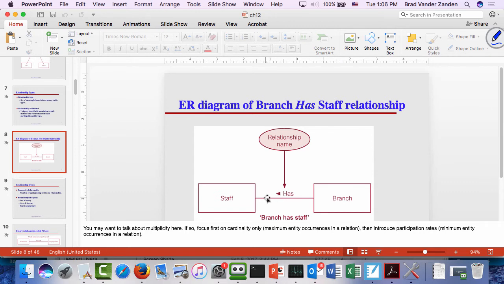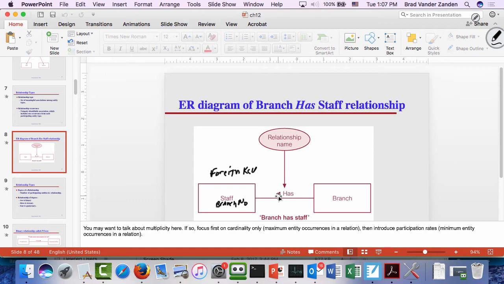But normally the direction is in the direction of the foreign key. In this case, it is staff that holds the foreign key. Each staff has a branch number. So typically, we point the relationship toward the entity that's going to have the foreign key.